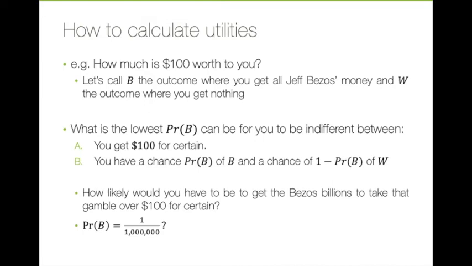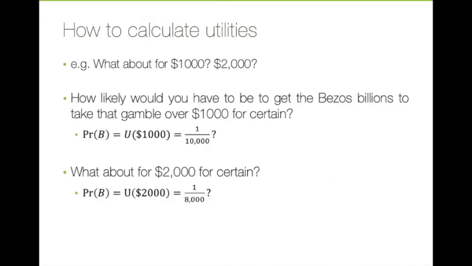other amounts of money. So let's now imagine the same choice for 2 different amounts of money, and we'll compare our utility for $100 to our utility for $1,000 and our utility for $2,000. $1,000 is a more meaningful amount of money. It's the kind of thing that might cover a month of rent, plus or minus some.